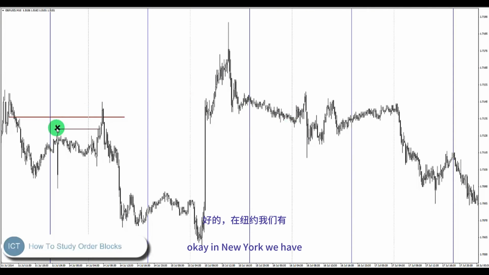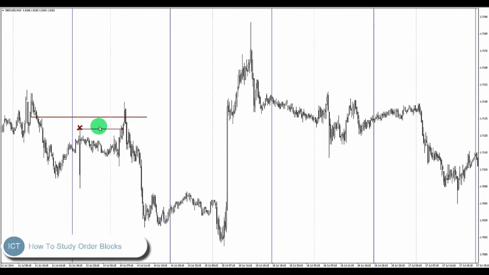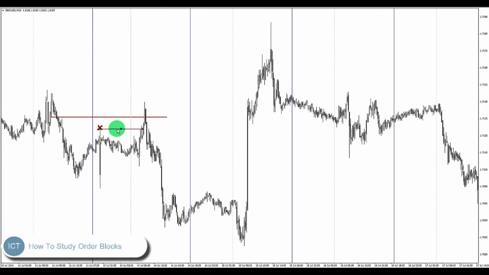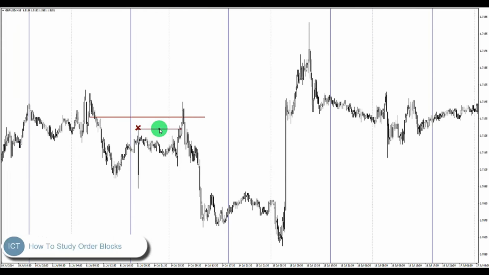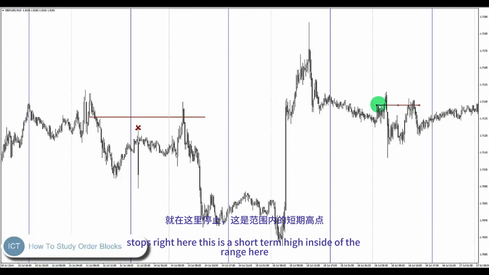We have an area where we see stops being right here.